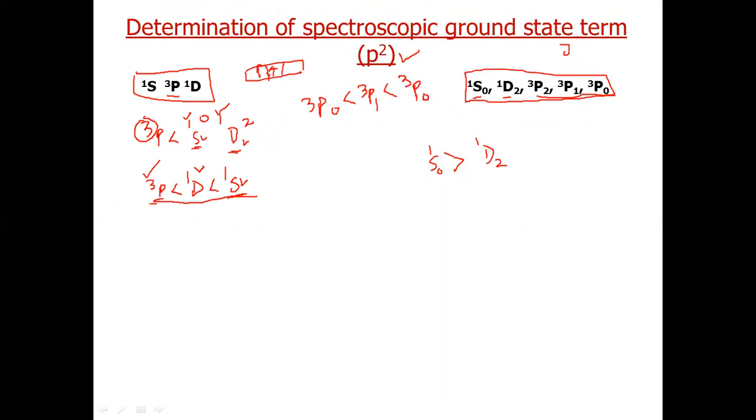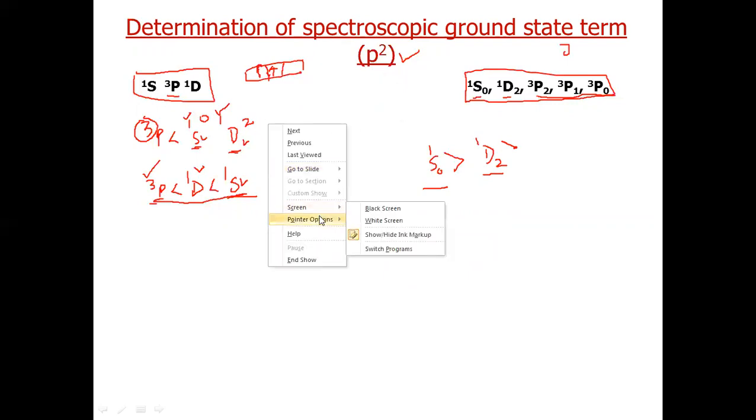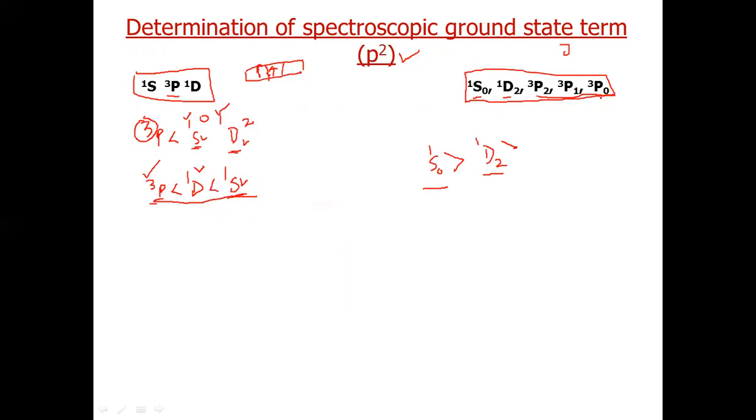the 3P2 state. So the order of energy will be 1S0 has higher energy than 1D2. Sorry, I have written the wrong order. Please forgive me. Let me write it. The order of energy: what does the rule say? The rule says that the system with the lower J value will have less energy. So 3P0 has lesser energy than 3P1. It has lesser energy than 3P2.